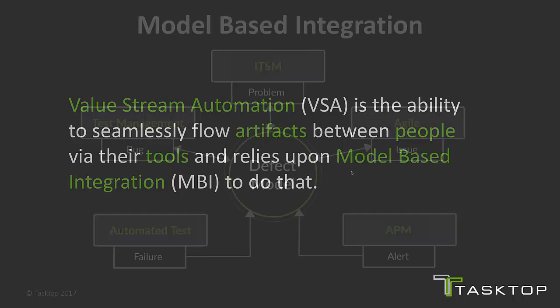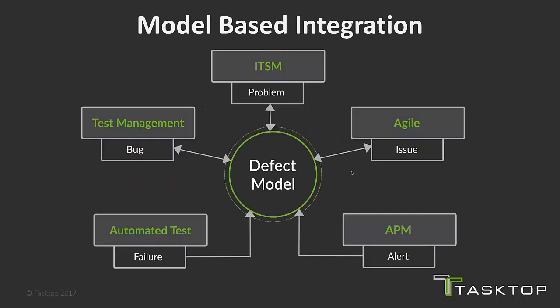So I want to talk a little bit more about model-based integration. Because as I said, it really is the glue and the underpinnings for what will allow you to have a successful value stream automation environment.